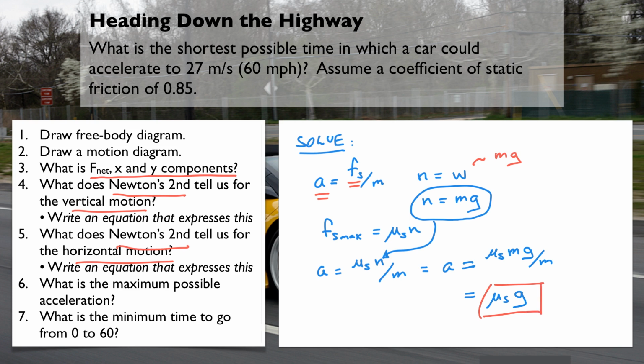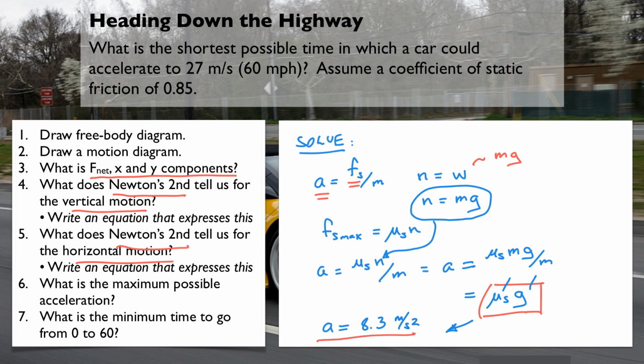Okay, with that in hand, I can compute a value for acceleration because I know a value for mu s and I know a value for g. If I do that, I get a value for the acceleration of 8.3 meters per second squared.